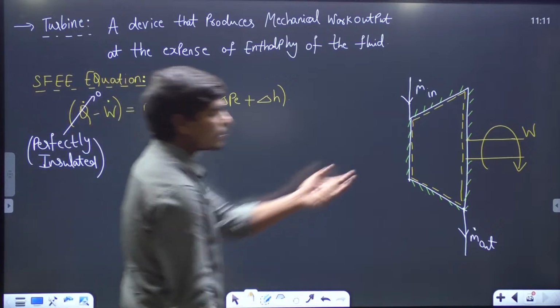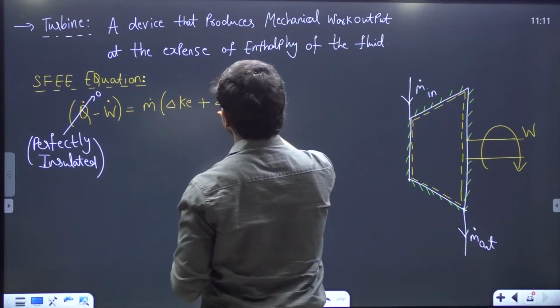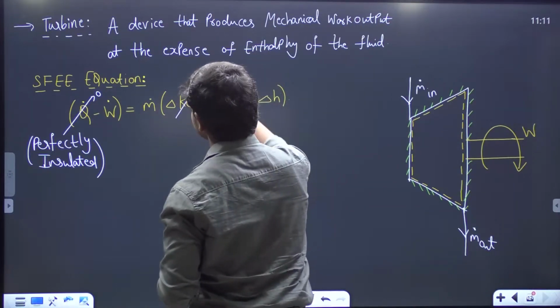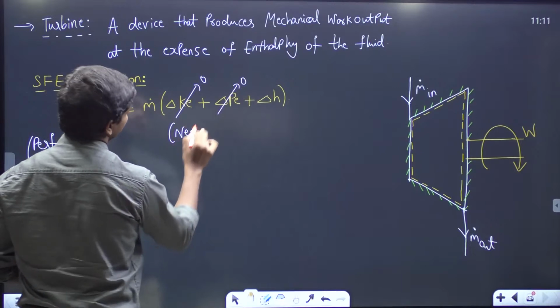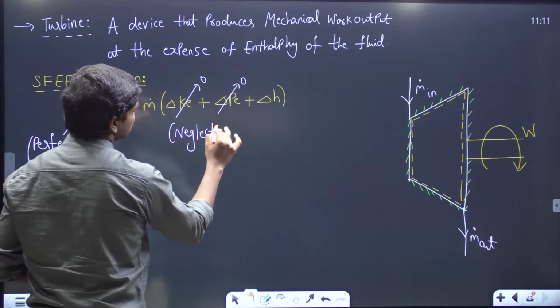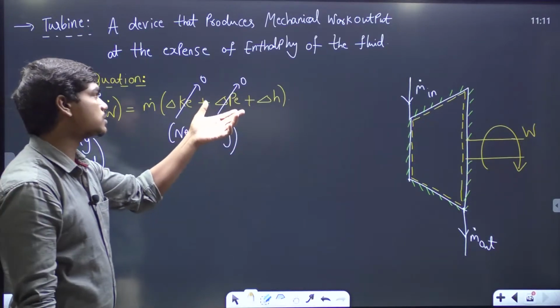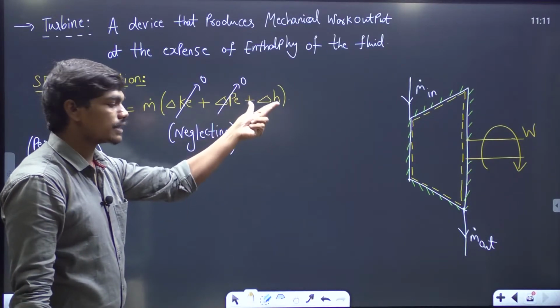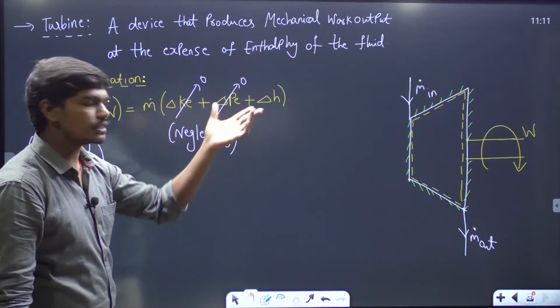Then when compared to the energies of this work interaction and these enthalpies, this potential energy term and this kinetic energy term can be neglected. Here we are neglecting these because these values are in meters per second and meters, in normal joules, whereas the enthalpy values are in kilojoules, so these two values are generally negligible for a given turbine.